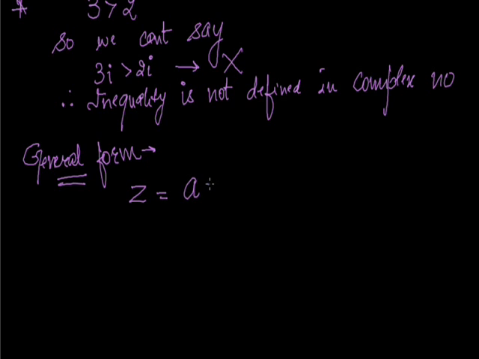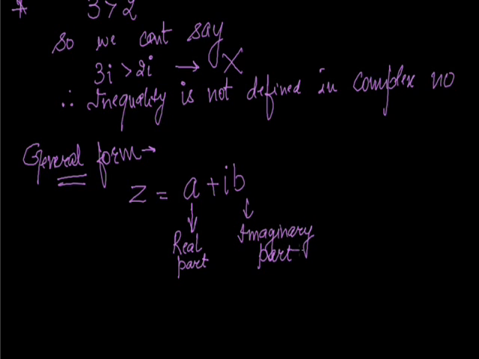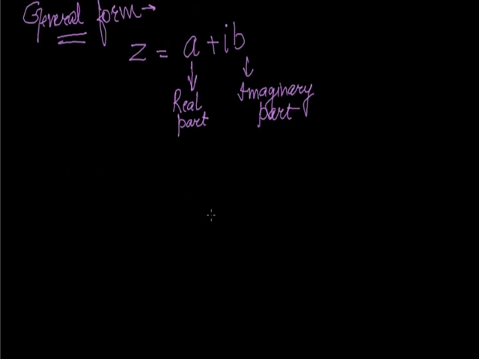The general form is z is equal to a plus iota b, where a is called the real part and b is called the imaginary part, and a and b belong to real numbers.